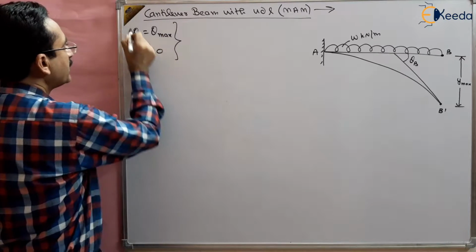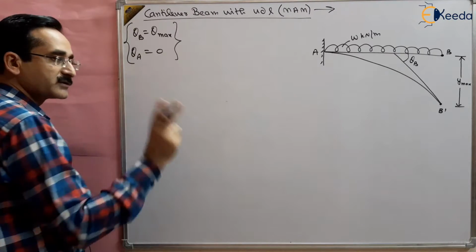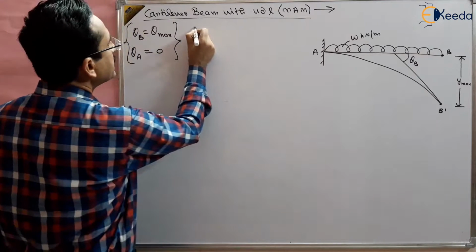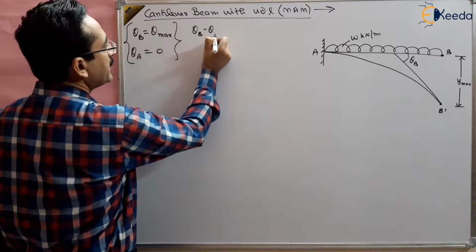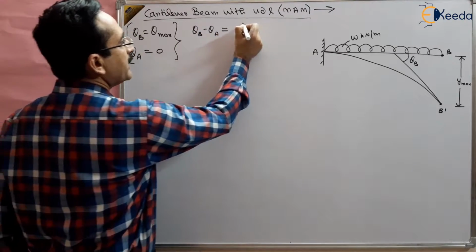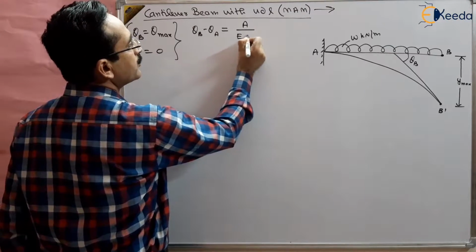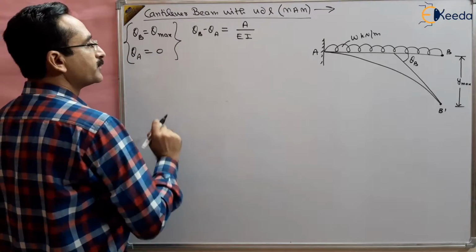Now the difference of these two slopes can be obtained from the area of the bending moment diagram. So theta B minus theta A will be equal to the area of the bending moment diagram between A and B divided by EI, according to Mohr's theorem. This is Mohr's theorem, right?